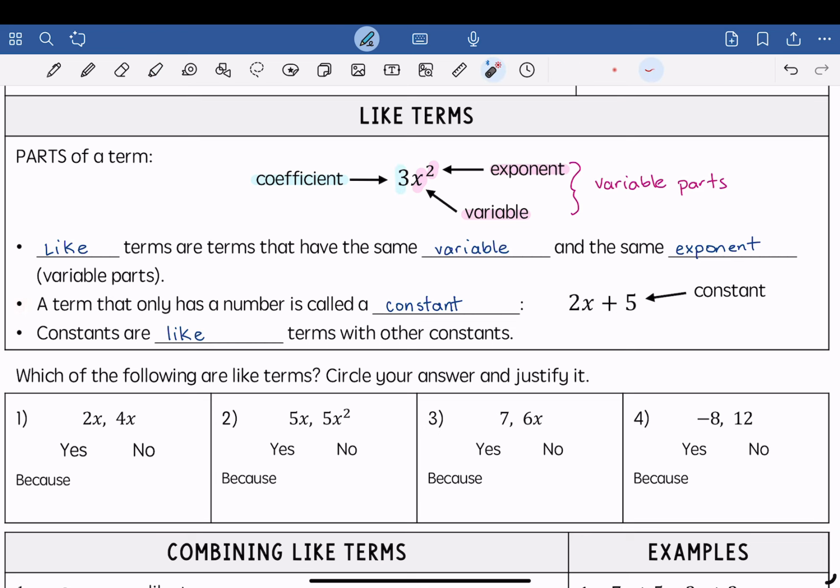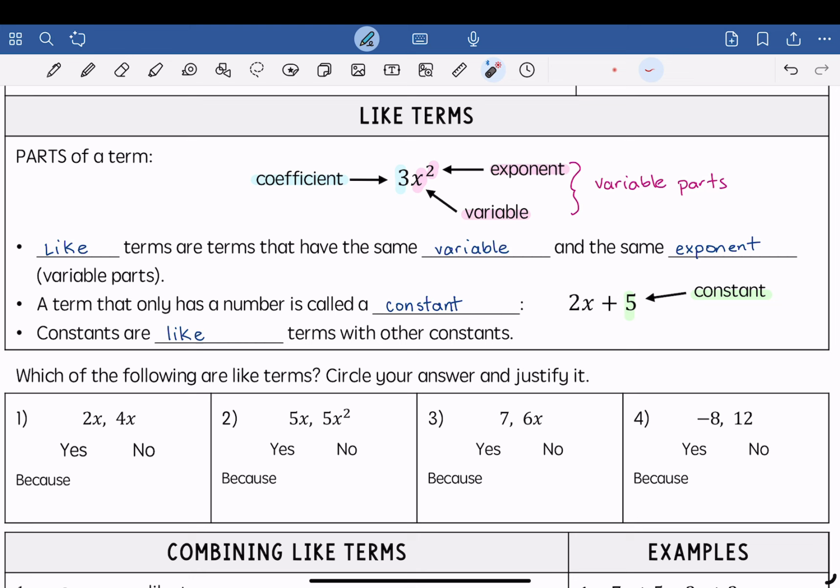A term that only has a number is called a constant. So if we look to the right here, highlighted in green, this is a constant, so there's no variable attached to it. Constants are like terms with other constants.